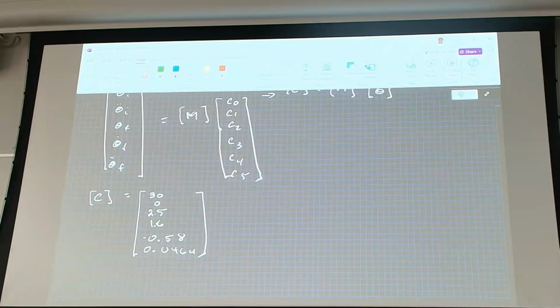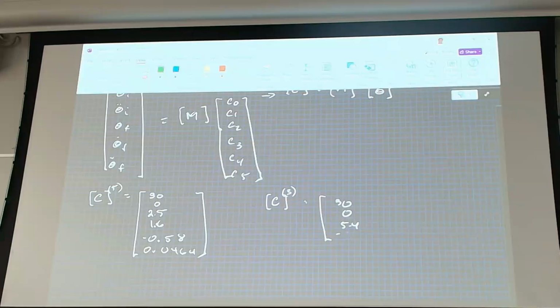So this is C5, and our C3 from before, if you recall, let me just put that parenthetical so you can see it, was 30, 0, 5.4, and minus 0.72.